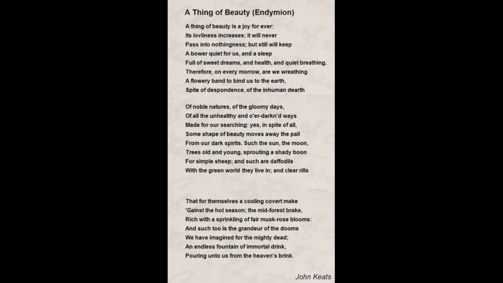A Thing of Beauty. A thing of beauty is a joy forever. Its loveliness increases. It will never pass into nothingness, but will keep a bower quiet for us, and a sleep full of beautiful dreams, and health and quiet breathing. Therefore, on every morrow are we wreathing a flowery band to bind us to the earth.